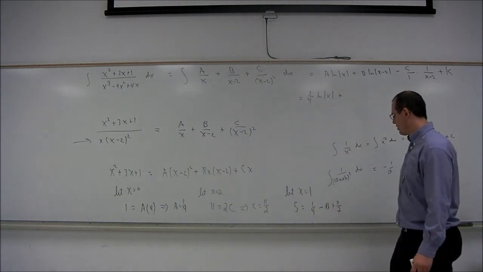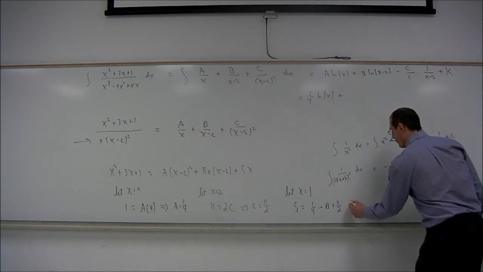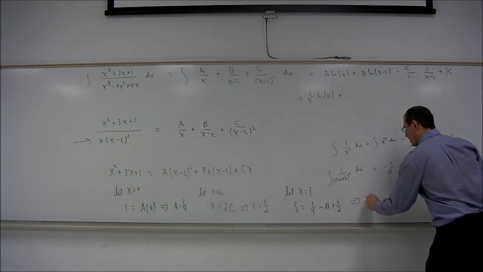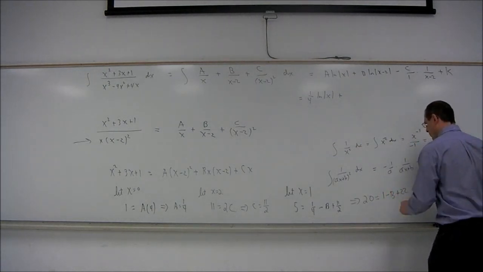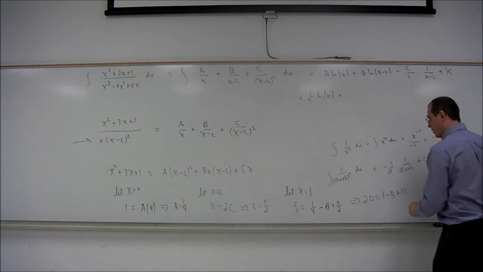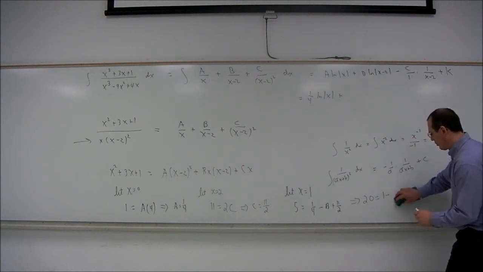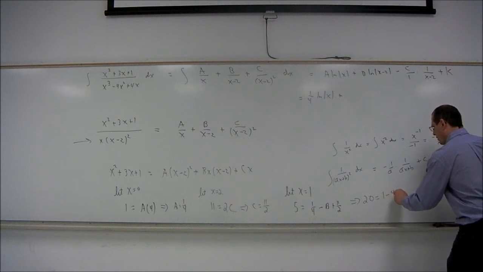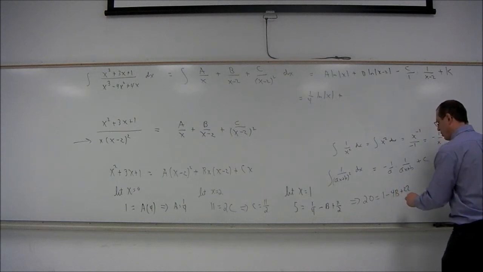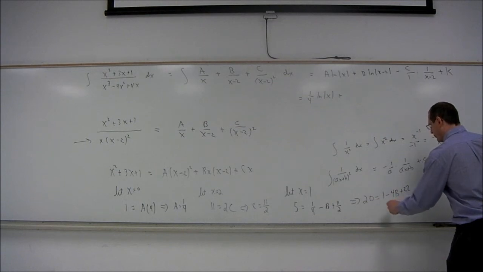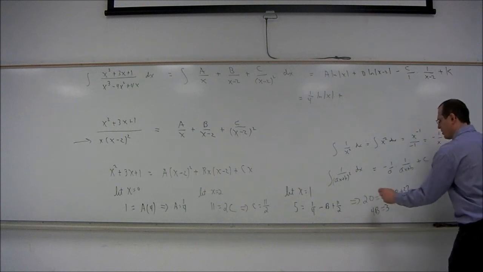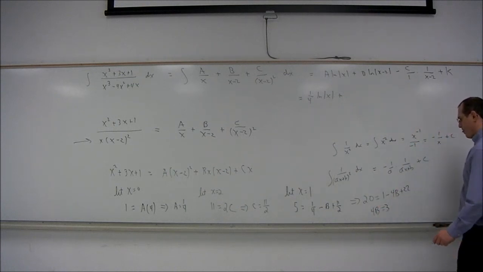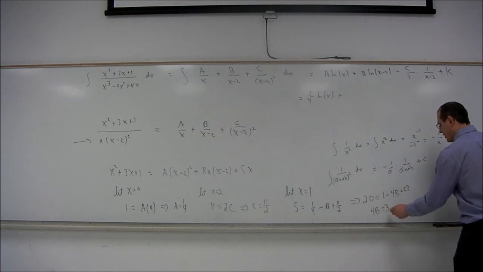If we multiply both sides of this equation by 4, that will give us 20 is equal to 1 minus 4B plus 22. So altogether, moving the B's to the left and the numbers to the right, 4B is equal to 23 minus 20, which is 3. So B is 3/4.